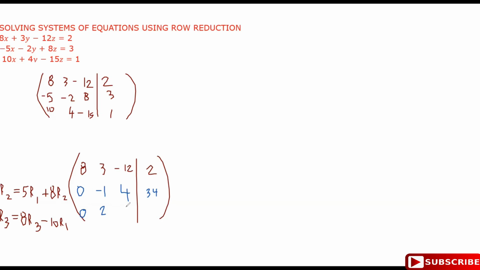Okay, I'm getting 0. And then 8 times 1 is 8, minus 10 times 1, that's negative 2.